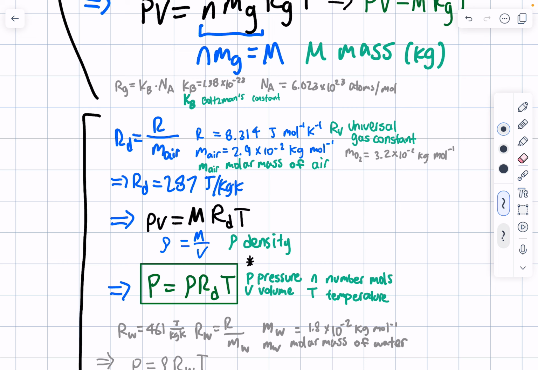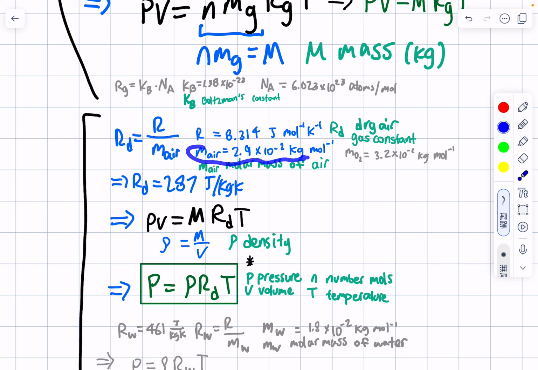We know that R is equal to 8.314 joules per mole per Kelvin by laboratory experiment, as well as the molar mass of air, 2.9 times 10 to the negative 2 kilograms per mole.